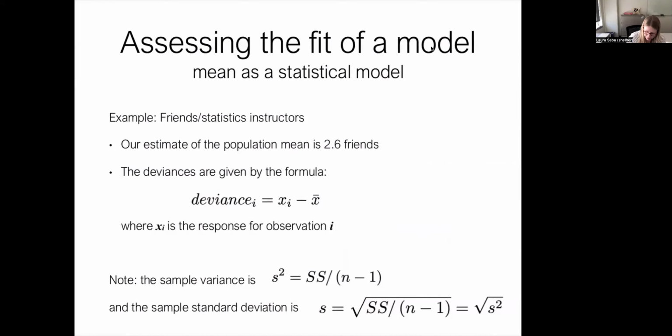So going back to our example, our estimate of the population mean is 2.6, so that is our model, 2.6 friends. We calculate the deviance of each sample from that mean, and we get the sum of squared errors.